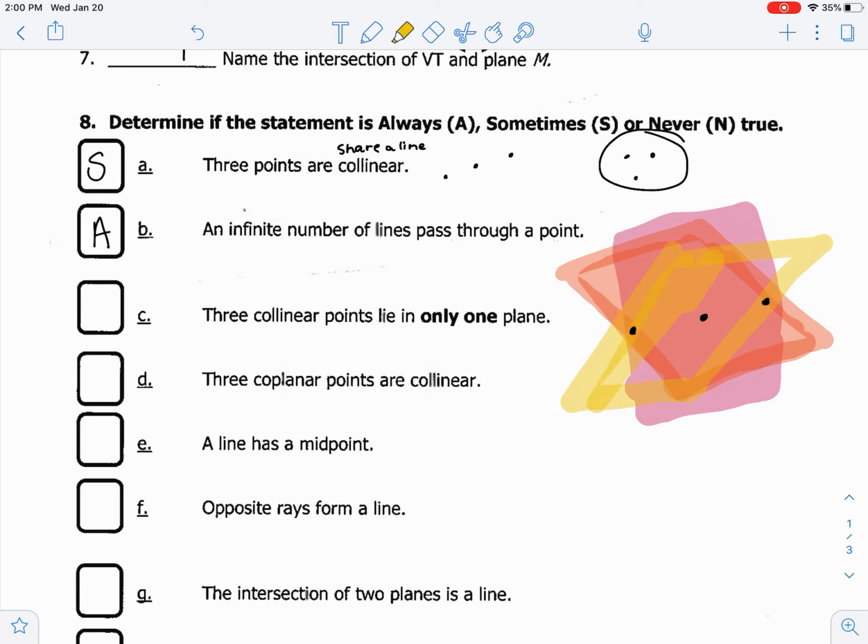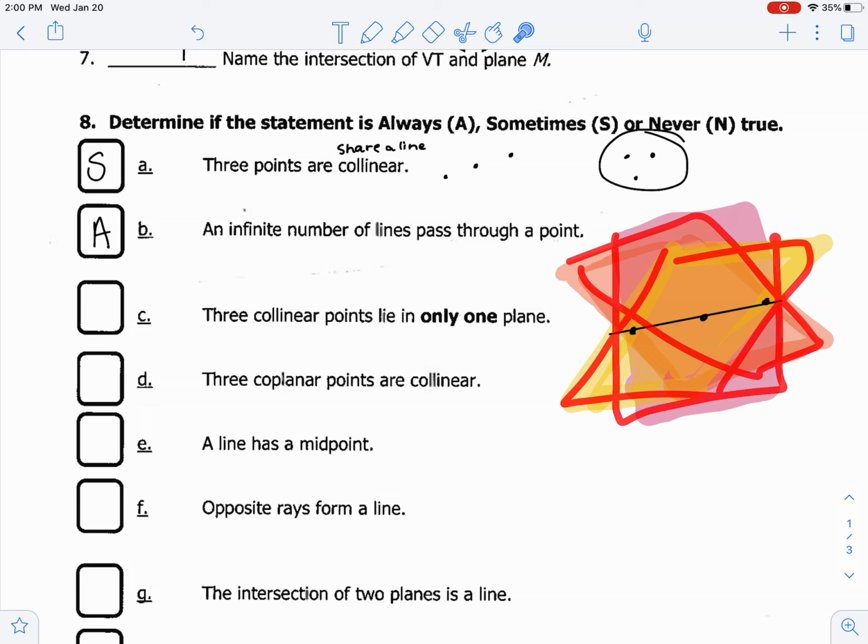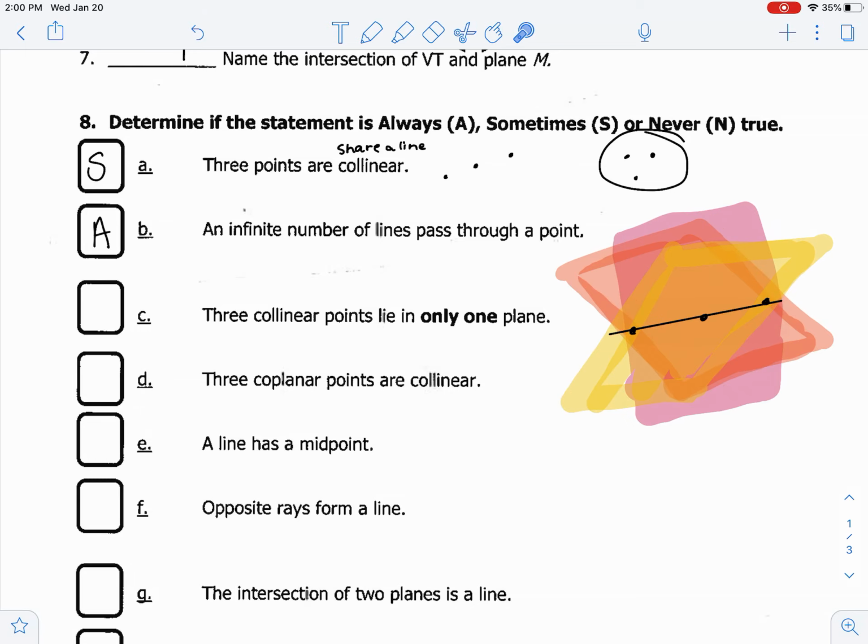This is better to visualize on computer software that can show you all these 3 points. However, this is the best we've got. But these 3 points are contained in 1, 2, 3 planes, and I could keep going and going all the way around and have an infinite number of planes.